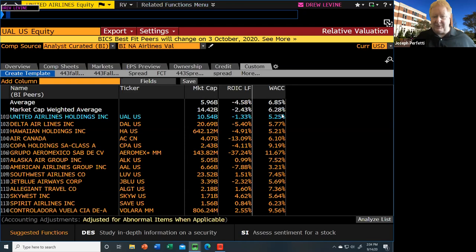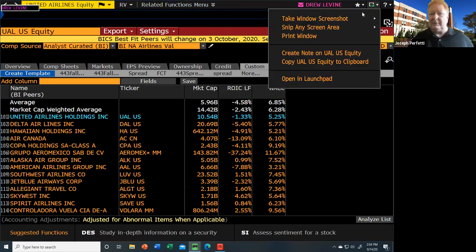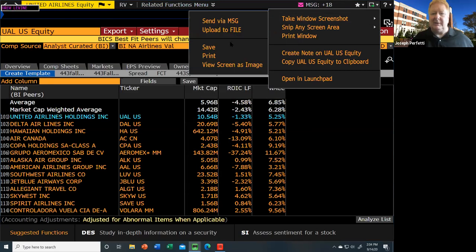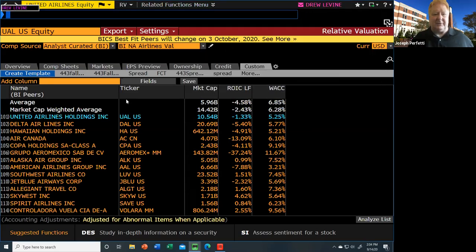So this is why we're using market cap weighted average as opposed to the straight average. Okay, but nonetheless, that is the data. And so basically for homework 1, you need to find a negative spread industry, file, take screenshot, save the screenshot.